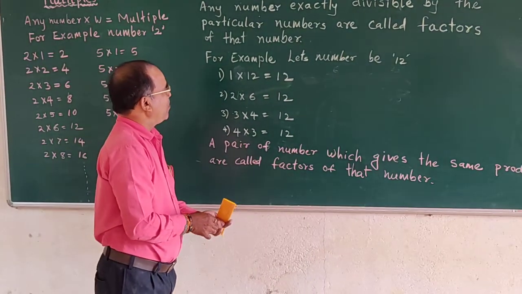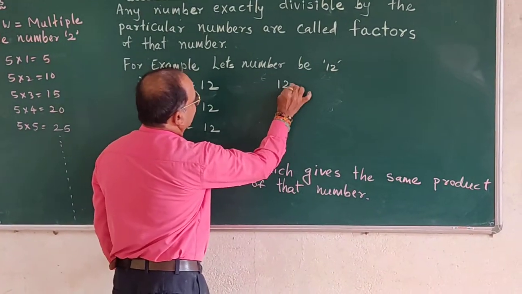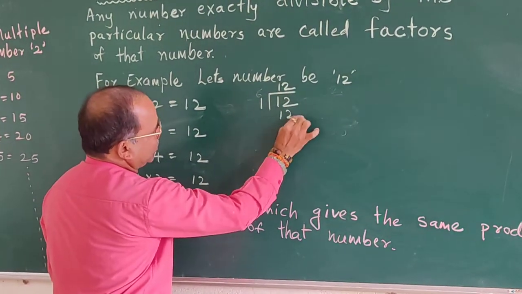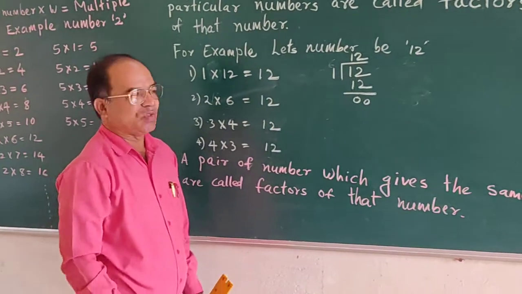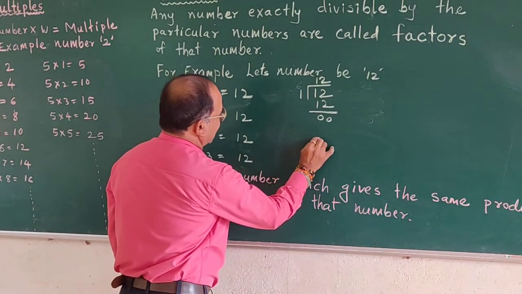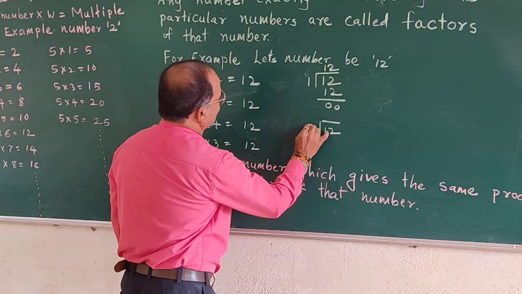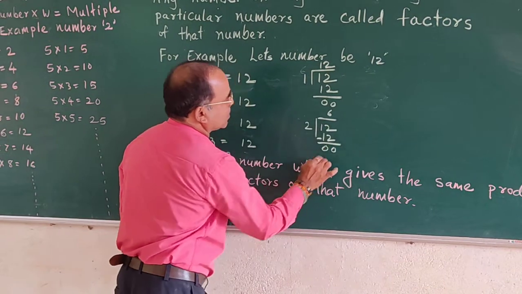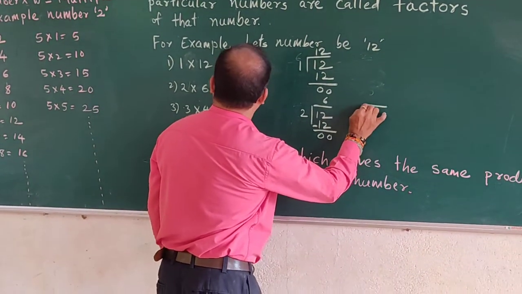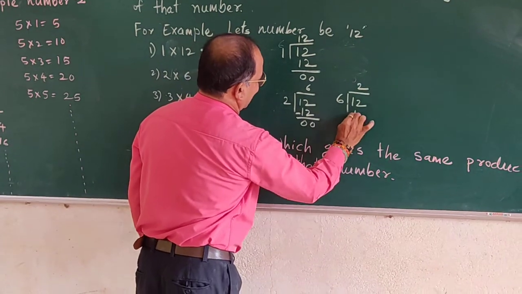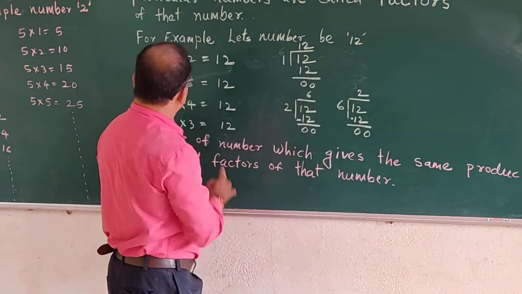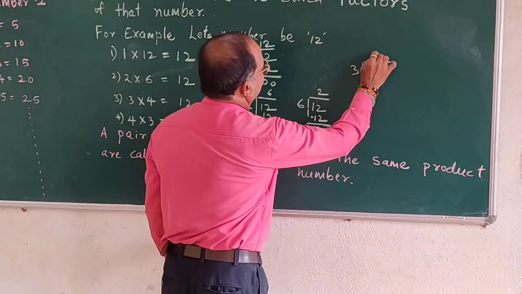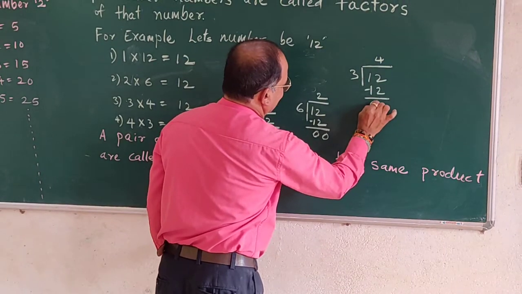We find out by practical. 12 divided by 1: 1 twelves are 12, so the remainder is 0. Take 12 divided by 2: 2 sixes are 12, so the remainder is 0. 12 divided by 6: 6 twos are 12, remainder is 0. 12 divided by 3: 3 fours are 12, remainder is 0.